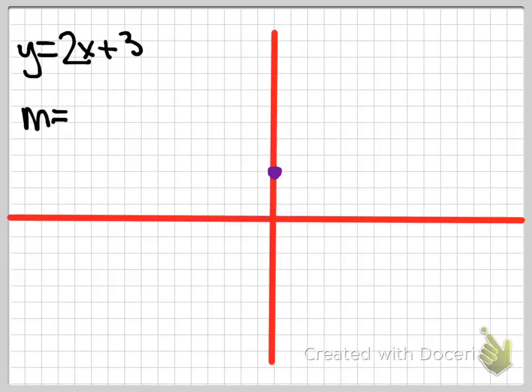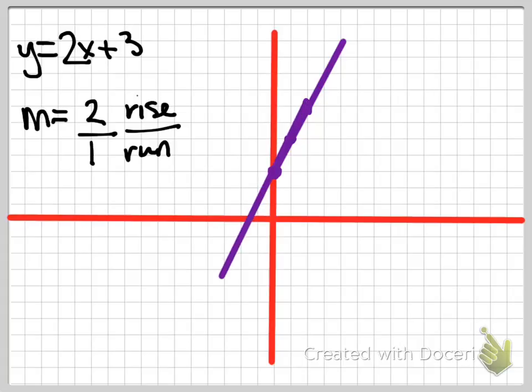Well, if the slope equals 2, that is the exact same as 2 over 1. And there's your rise over run, both positive directions. So you go up 2 over 1, and that's your next point. And you can graph that line just using that information, the slope and the y-intercept.